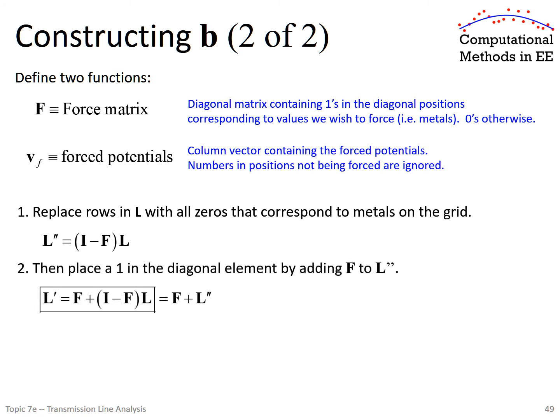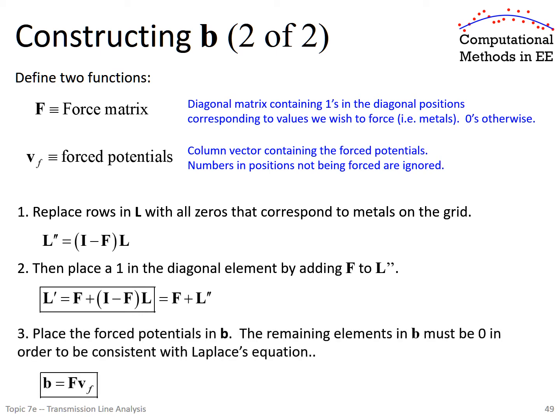And we can do that simply by adding the force matrix to that. When we do that, we get our modified version of L. So L prime is our final version of L. We still have to do B. And it turns out B is just the force matrix pre-multiplying the force potential function. So that's it. That's how we get L and B. Now we're ready to solve.